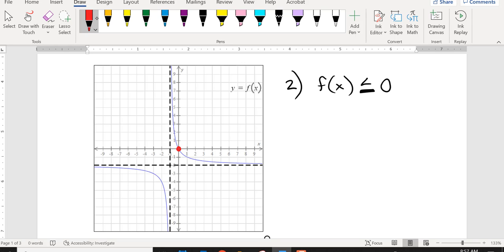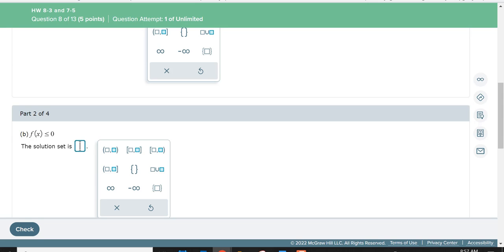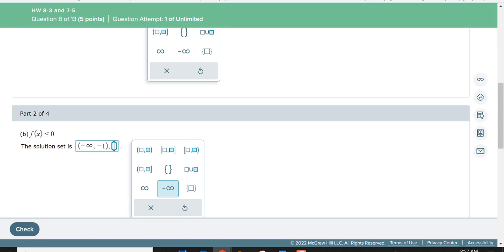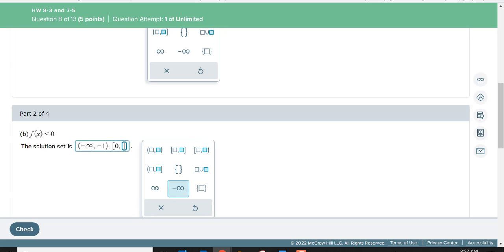Now the less than part, we saw before all of these x values and all of these x values. So the only difference in the answer for this one is that you include where it's equal to 0. I would do negative infinity to negative 1 and then bracket 0 to infinity.